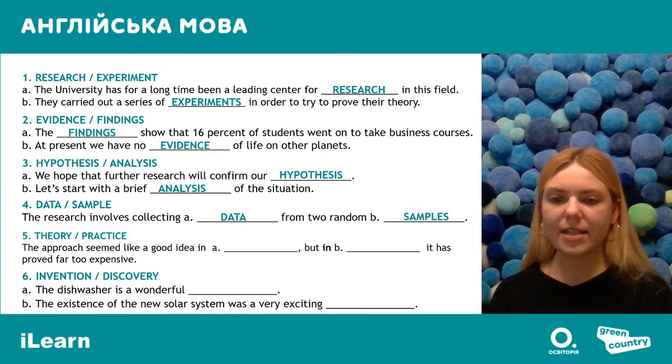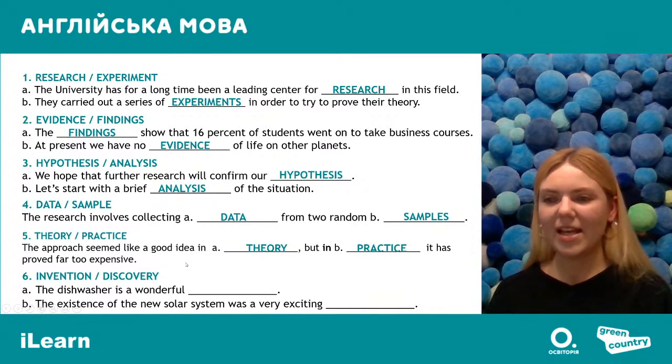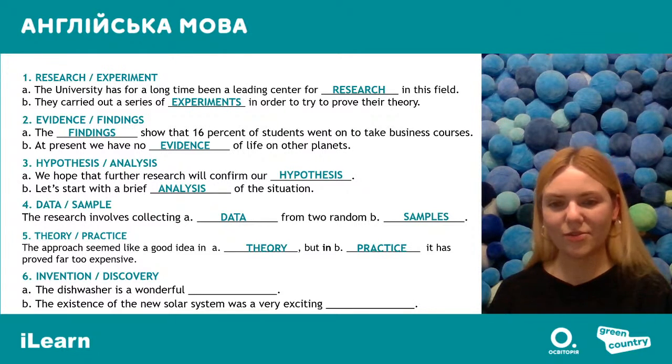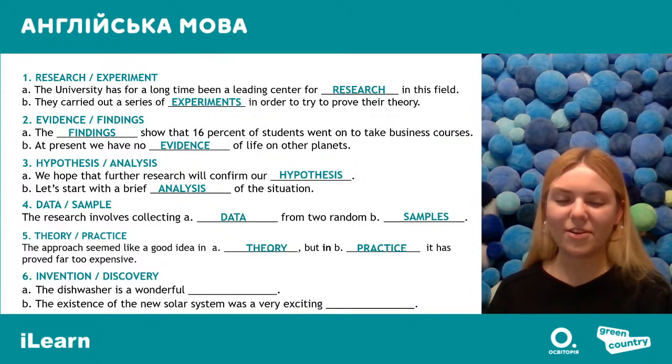The approach seemed like a good idea but it has proved far too expensive. And we will use in theory and in practice for B. В теорії здавалось добре, на практиці виявилось дуже дорого. Also, very often we use preposition in with practice and theory. We can say in theory в теорії, in practice на практиці.